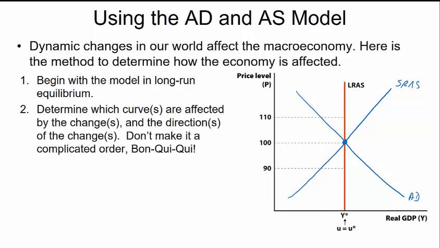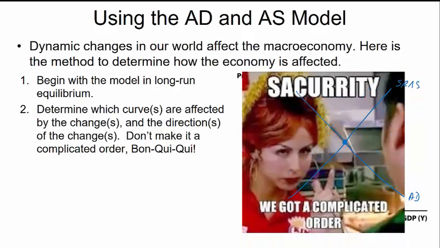Everything's doing great. Alright? Then you're going to determine, by whatever situation you're given, which curve is affected. So this is why we learned what shifts the aggregate demand curve, and today we're learning what shifts the aggregate supply curve. Do not make this complicated. Typically, only one curve is going to be shifted, so don't get all crazy and try to shift both curves every single time. Okay? Don't make it complicated.